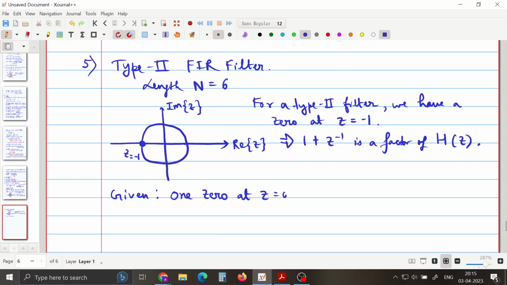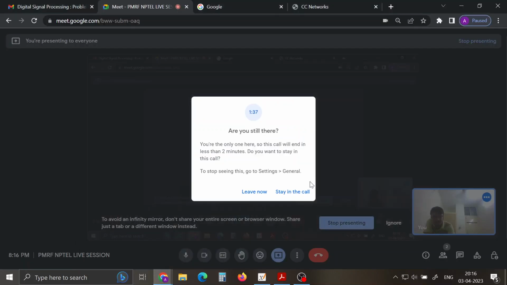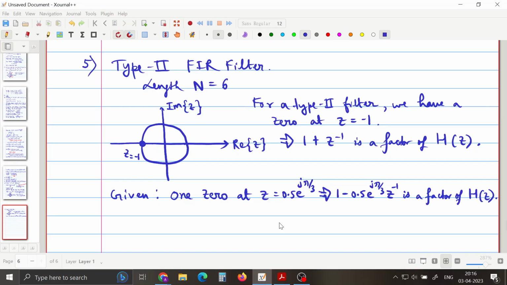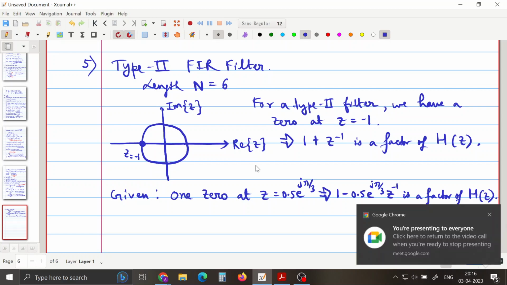So if there is a zero at this location, then it implies that 1 minus 0.5 e power j pi by 3 times z inverse is also a factor of capital H of z, right? This will be a factor.